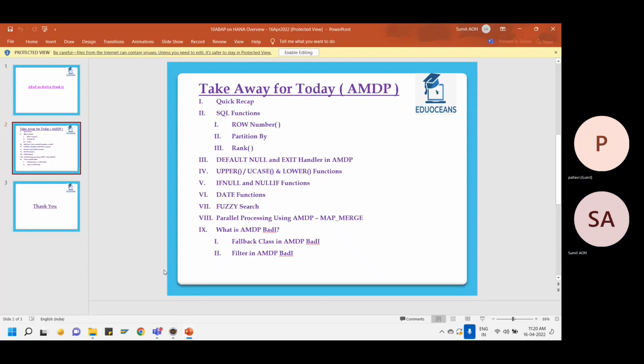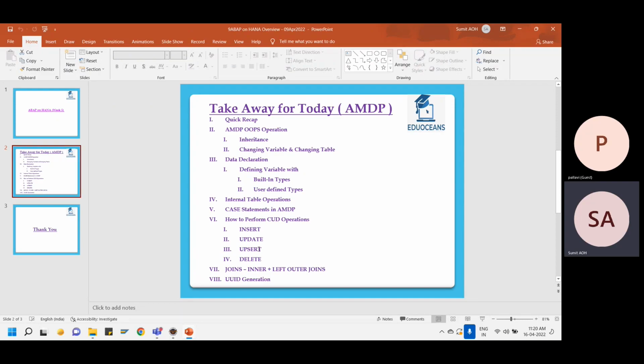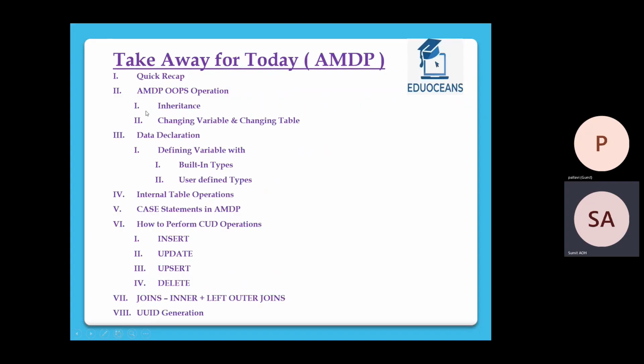Okay, so let's go with a quick recap first, and then we would be seeing that. In the earlier session, we started with the object-oriented operation called inheritance. We figured out that when I have a parent class, which is an AMDP class, and if I create a child class out of that, it would inherit the properties of the parent class, and the child class would also become an AMDP class.